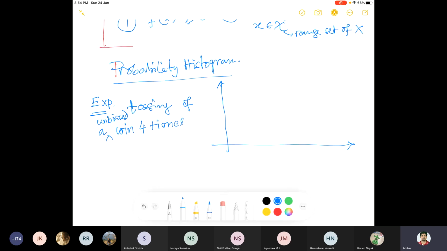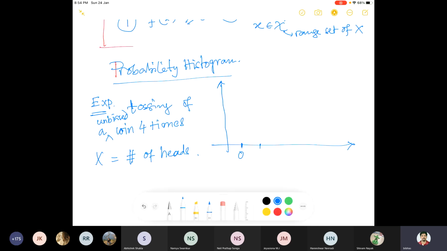So 4 times. Okay, and then we defined X to be equal to the number of heads. This is how we had defined. So if this is the case, then the number of heads could be 0.